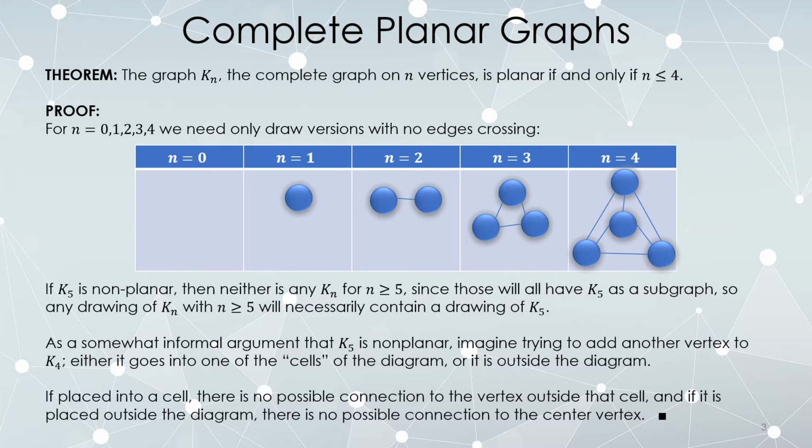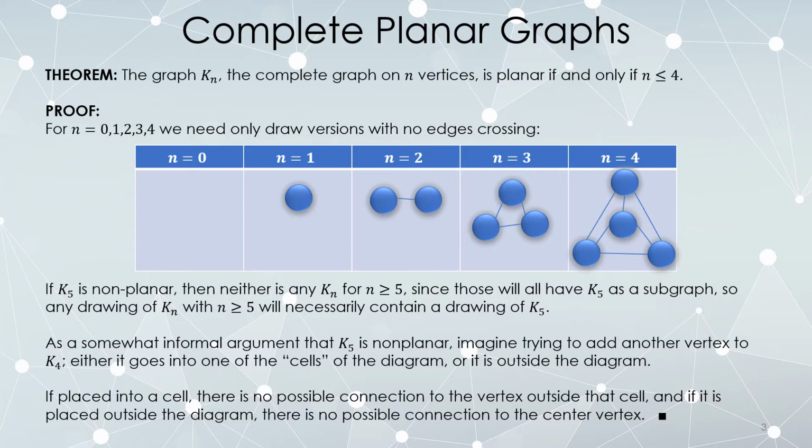Now what if I try to add more than 4 vertices, so at least 5? Well, if I can just show it's not possible to draw a 5 vertex complete graph without edges crossing, then as soon as I start adding more vertices past that point, the result will still hold. Because if I have a complete graph on 7 vertices, I have 7 vertices and I have all possible edges. So if I pick any 5 of them, I must have all possible edges between those 5.